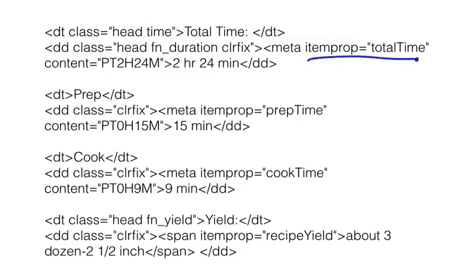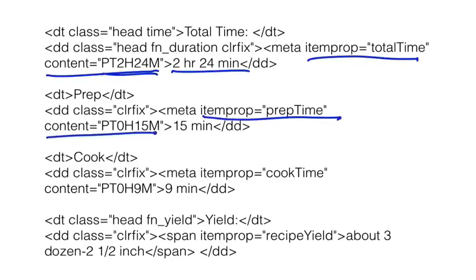Item property total time, content, an encoded time, 2 hours 24 minutes is what that translates to. Item property prep time, content, time encoded again, which translates to 15 minutes, right? 0 hours 15 minutes. 2 hours 24 minutes, 2H24M.